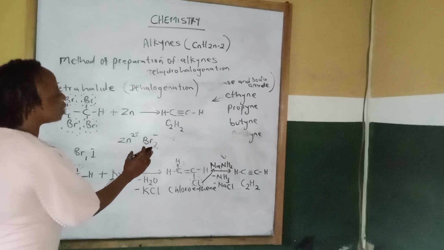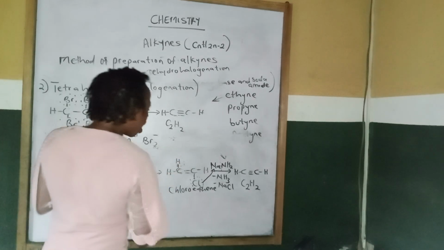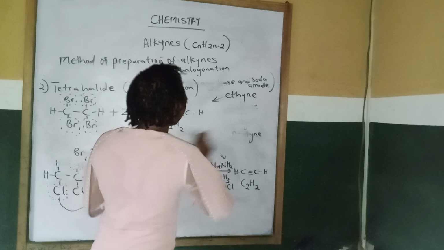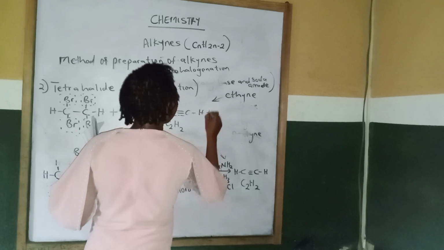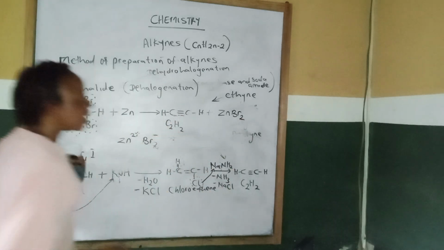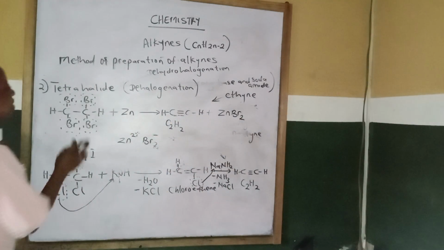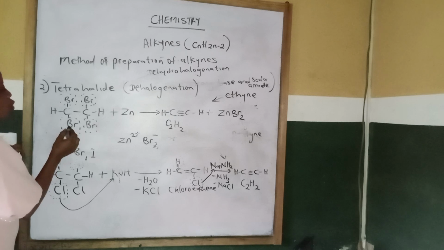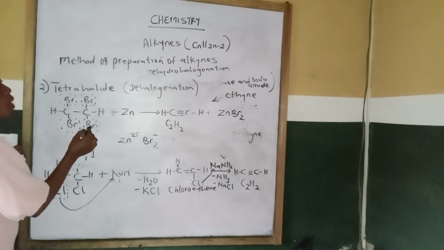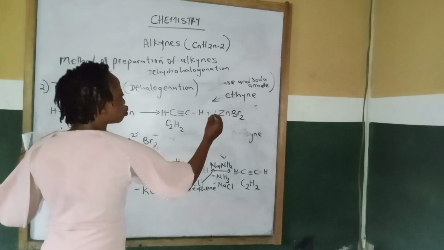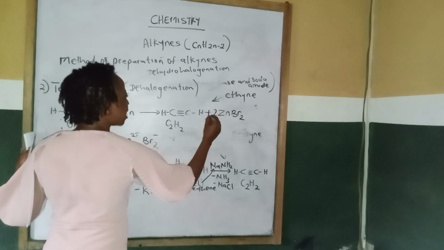So Zn combines with Br to give us ZnBr2. From our structure, on the reactant side we have 4 bromine, but at this side we have 2 bromine, so we have to put 2 here to balance our chemical equation.